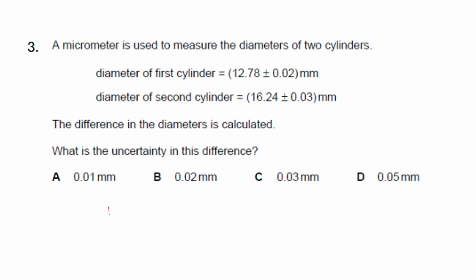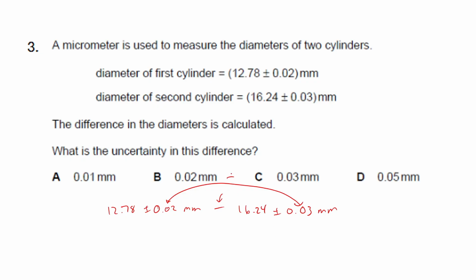So if we have 12.78 plus or minus 0.02 millimeters, and we're subtracting the diameter of the other cylinder, it turns out that the rule is that you add the two uncertainties together, since you have an operation like plus or minus and you're working with absolute uncertainties.